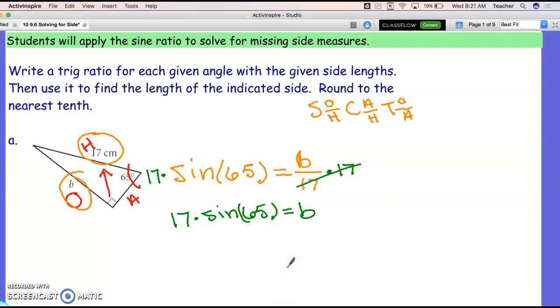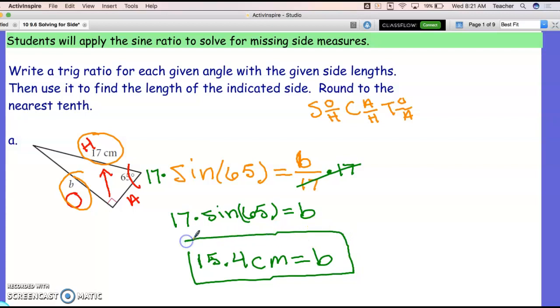So if I go back to my problem, 17 times the sine of 65 is the same thing as 15.4. In this case, our triangle's side lengths are in centimeters, so I'm going to include centimeters. And that's our missing side length. That's all we have to do. I'm going to do 2 more examples, so follow along if you would like.